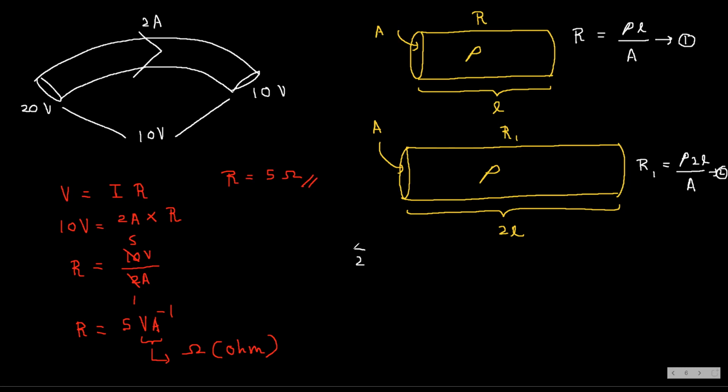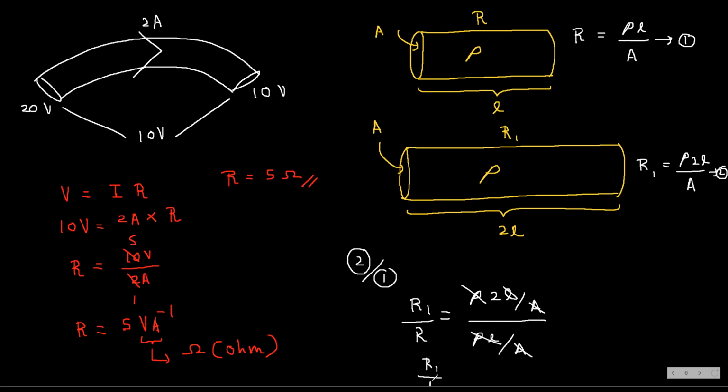Now I'm going to divide the second equation by the first equation. So R1 divided by R is equal to rho 2L divided by A over rho L divided by A. Rho, L, and A are cancelled out.